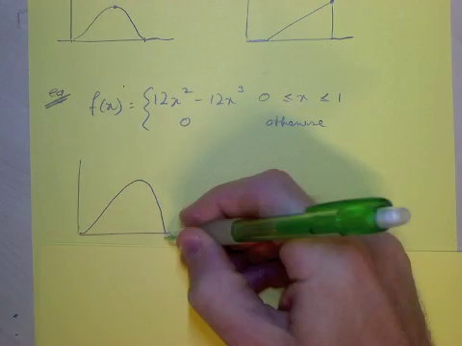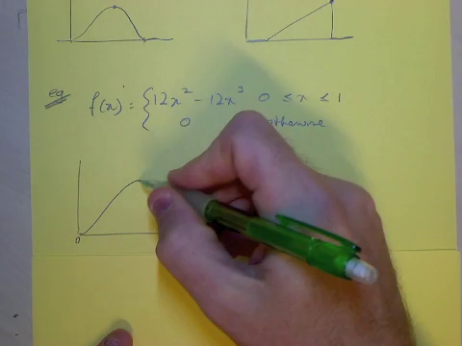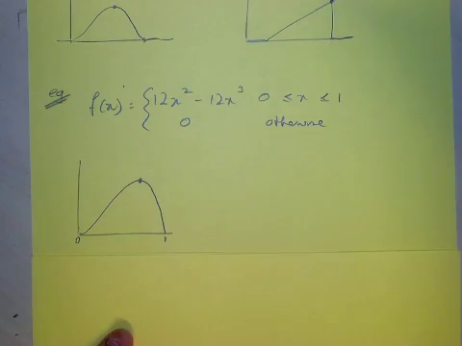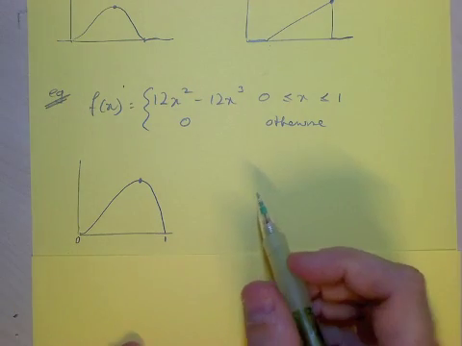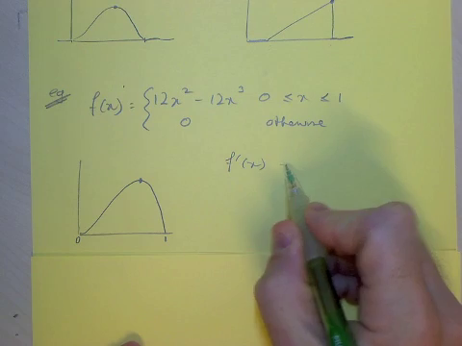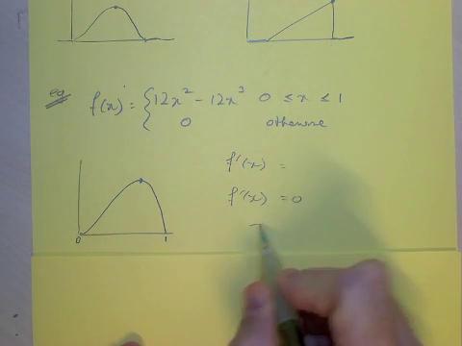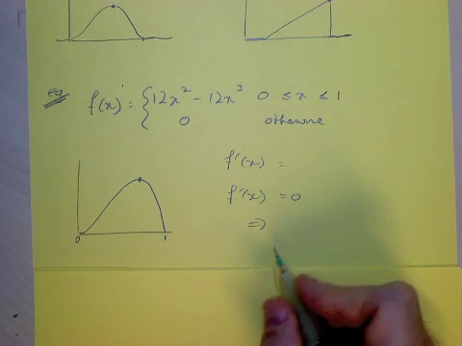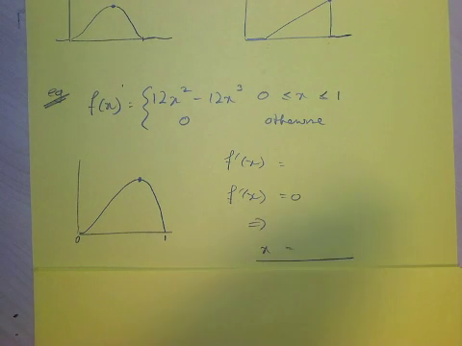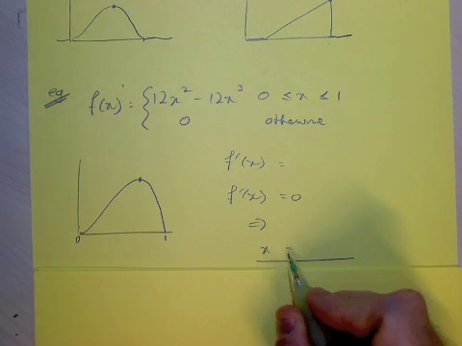So I can sketch it between 0 and 1. And of course, to find the mode here, I need to find that point. So I can find f dash x, and then I can set that to 0, and then I can solve that to find x. I'll leave you to complete that calculation and see what you get.